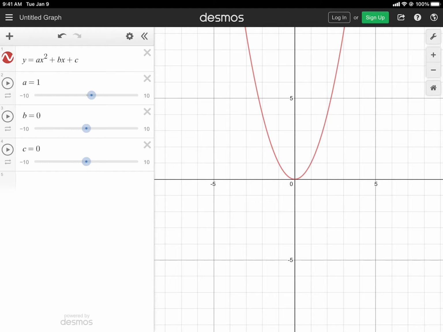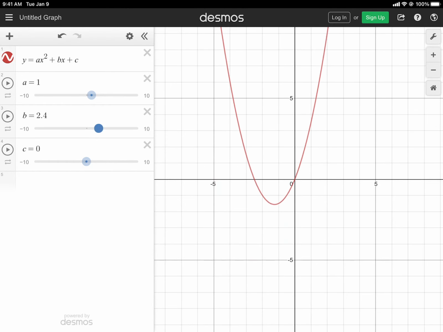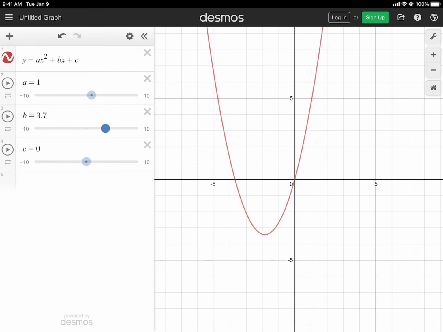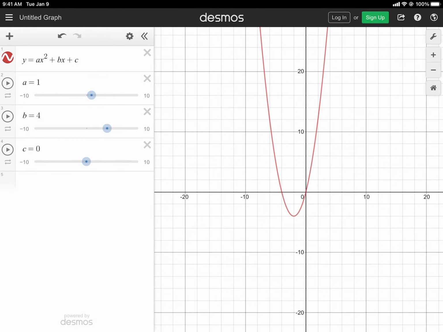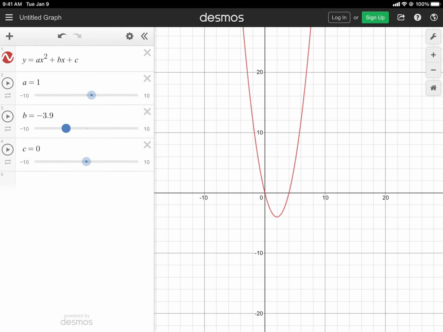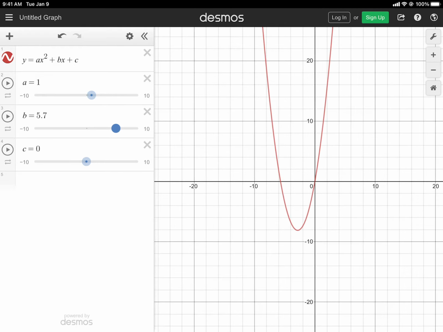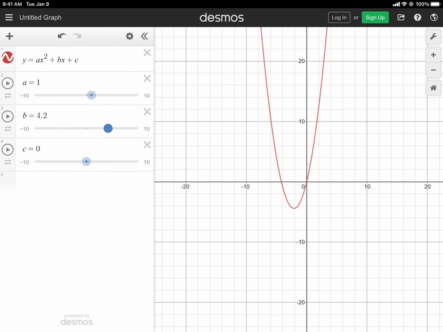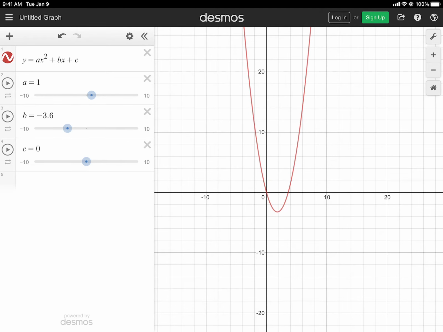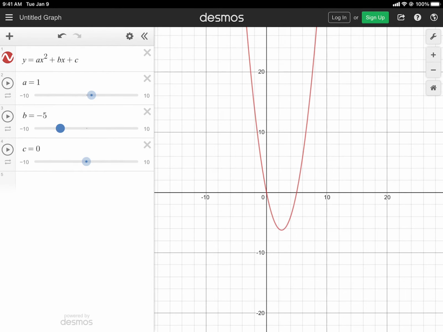As I change b, you can see the graph moves around both horizontally and vertically. It's not getting skinnier or wider. It might look like it. Let's zoom out a bit. It's kind of hard to tell, but the shape of the graph isn't actually changing. It's just moving. So there's not much going on there. Let's just leave it at -5.